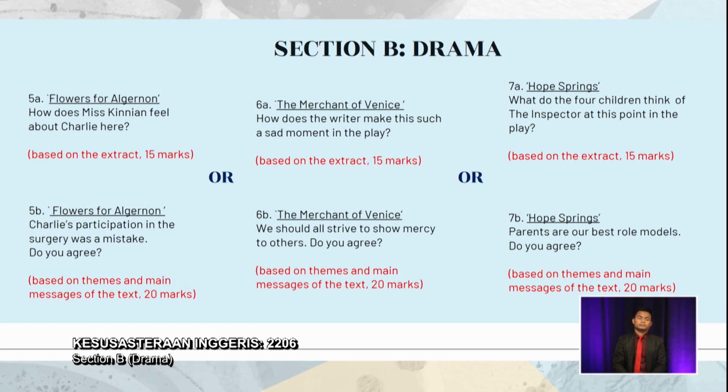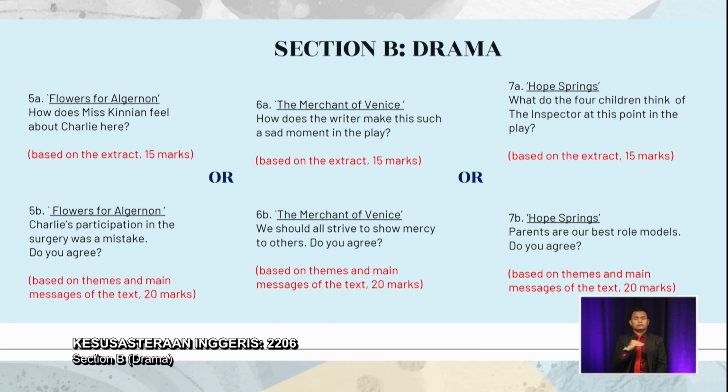For Flowers, the question given is, how does Miss Kinnian feel about Charlie? So that involves plot and that involves character development. If you look at 6A, Merchant of Venice, how does the writer make this such a sad moment in the play? Again, you have plot, character, and use of language.